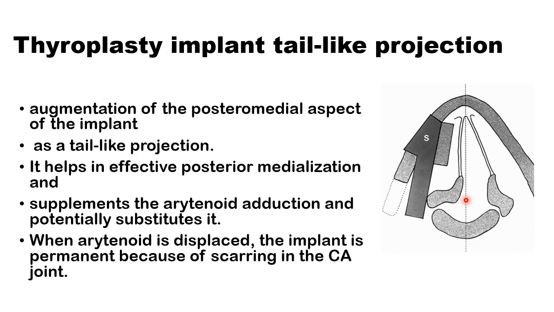It is not going to reposition the arytenoid in the correct adducting position. It's not going to stretch the vocal fold because the arytenoid would not be displaced posteriorly, only medially, but it may help in closing a small posterior glottic gap. And it is just a small complementary tail-like projection on top of the original silastic block or prosthesis that is used for thyroplasty type 1 medialization.